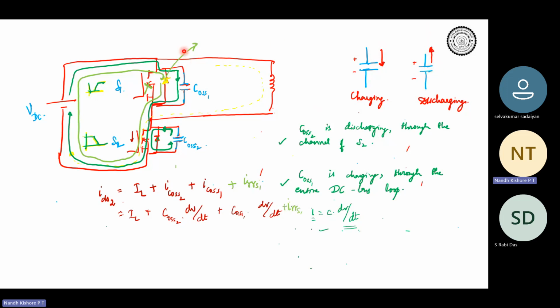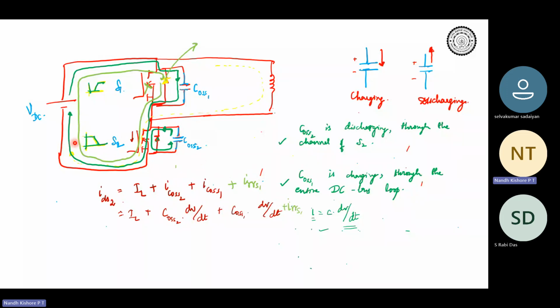Since S2 is turning on, the output capacitance has to discharge, and S1 is on, so since the voltage across S2 changes, the S1 voltage will also change correspondingly. If the S2 capacitance has to discharge, the easiest path is through the channel of the device S2. You can see this dark green color: COSS2 discharges through the channel. So this will also add some extra current corresponding to COSS2 times dV by dt.